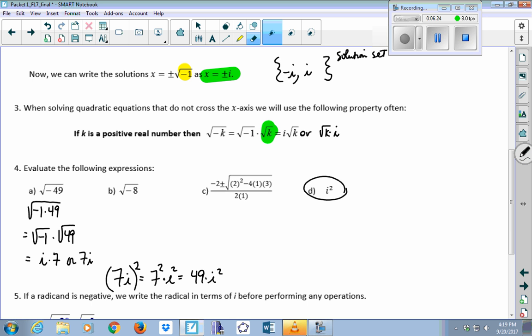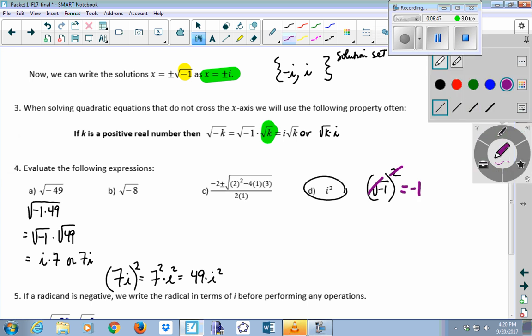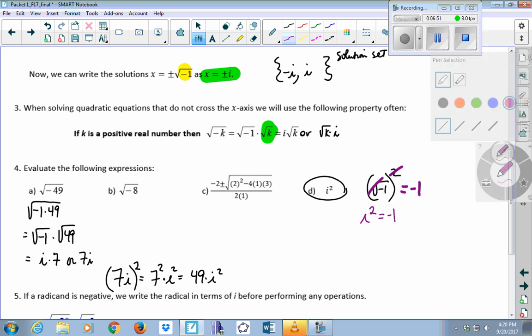So i squared is the square root of negative 1 squared. And if we square a square root, these are inverse operations. So the square and the square root will undo each other and we get a negative 1. So i squared is defined to be negative 1.